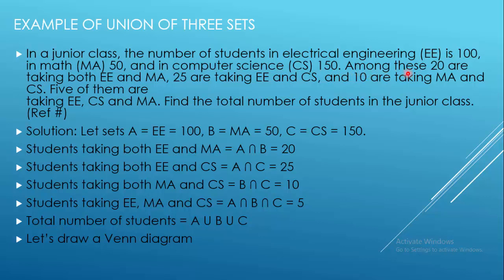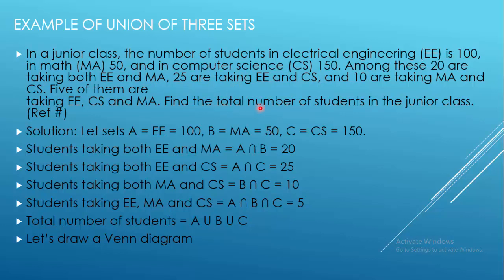Among these, 20 are taking both EE and MA, means 20 students are taking electrical engineering and maths classes, and 25 are taking EE and CS, and 10 are taking MA and CS, and 5 of them are taking EE, CS, and MA. Means there are 5 students who are enrolled in all the 3 classes of EE, MA, and CS.